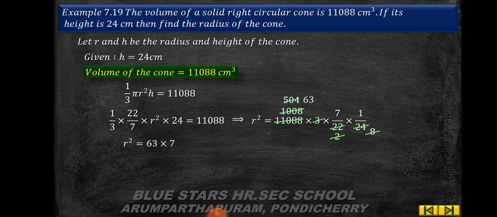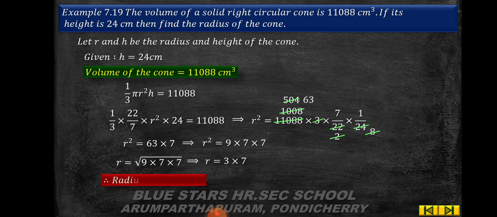So r square is equal to 63 into 7. r square is equal to 9 into 7 into 7. So r is equal to root of 9 into 7 into 7. So root 9 is 3 into 7. Therefore, the radius of the cone is r is equal to 21 centimeter.